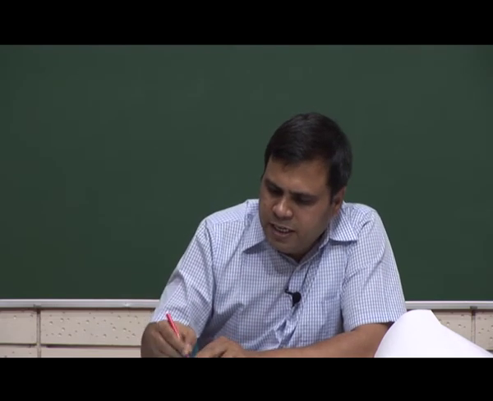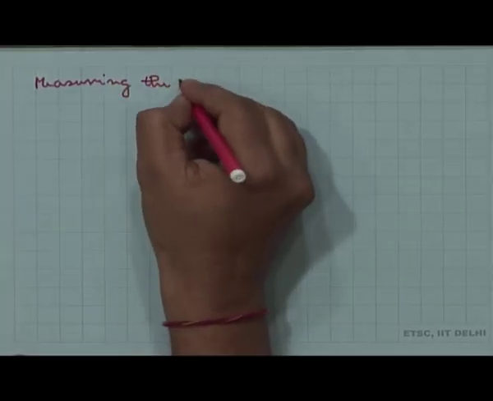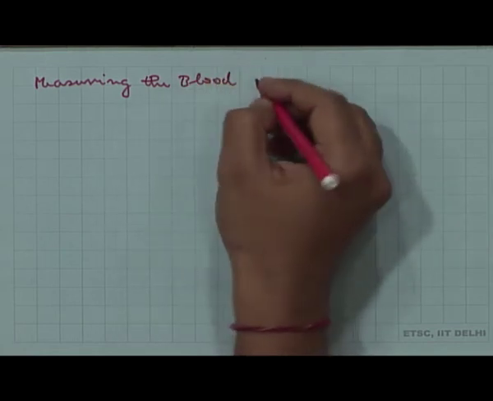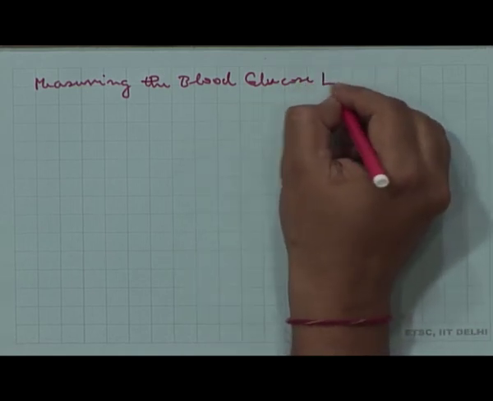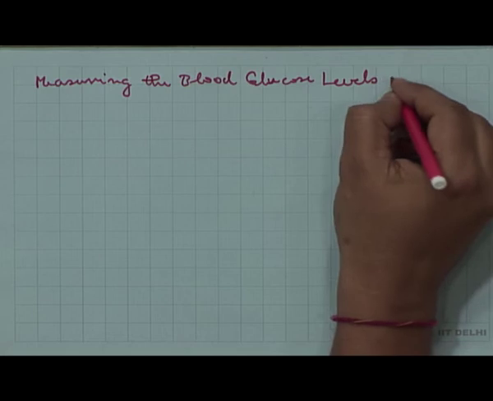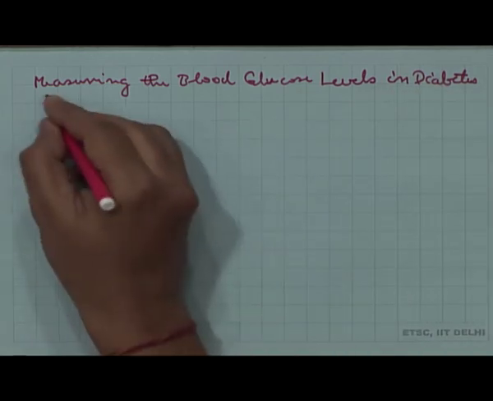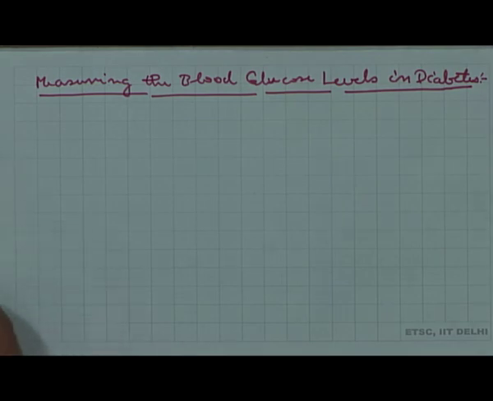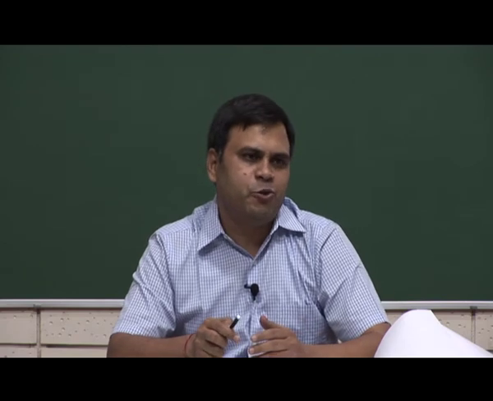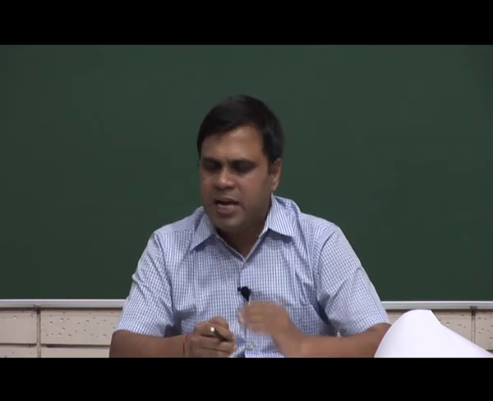Measuring the blood glucose level in diabetes. How do we measure the blood glucose level? The objective here is just to become aware of reducing sugar and non-reducing sugar. I just discussed what reducing sugar and non-reducing sugar are. Same concept again I will bring here.